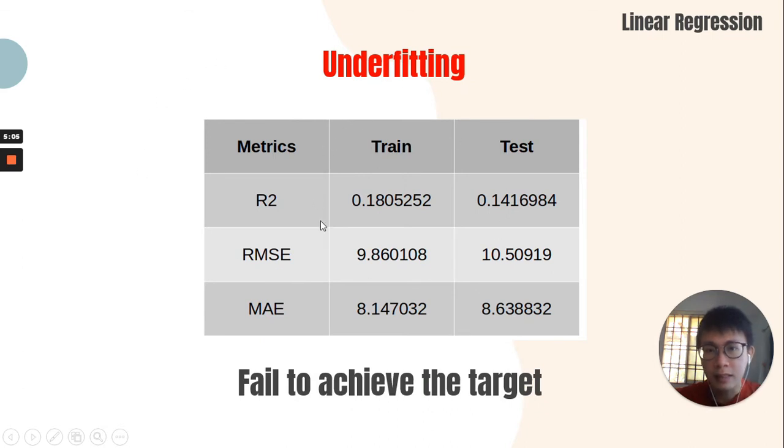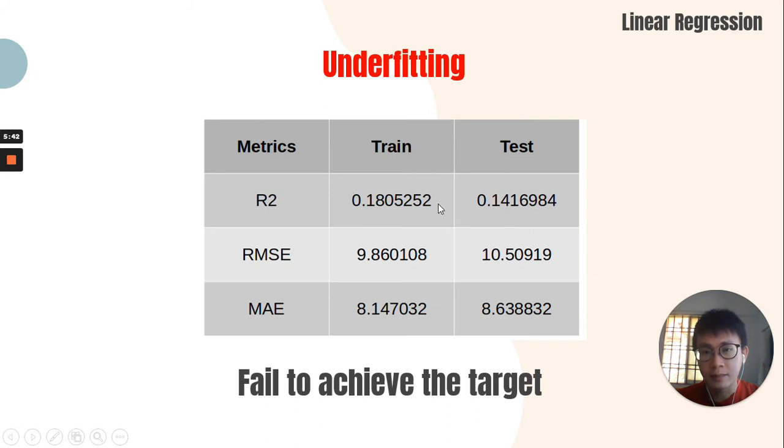So this is the training and testing error of linear regression. R-squared for the training data set is 0.18, for the test set is 0.14, so we can see the R-squared is very low. So linear regression underfits the data. It also failed to achieve the target, because our target is actually 0.9, and it's far away from our target.